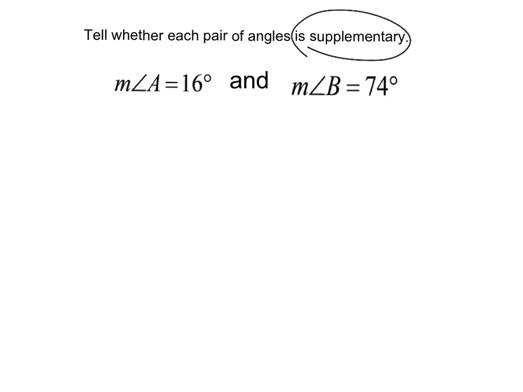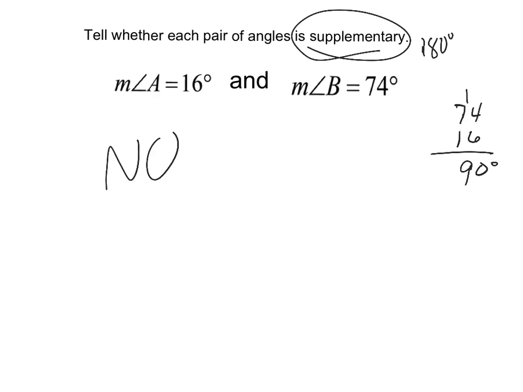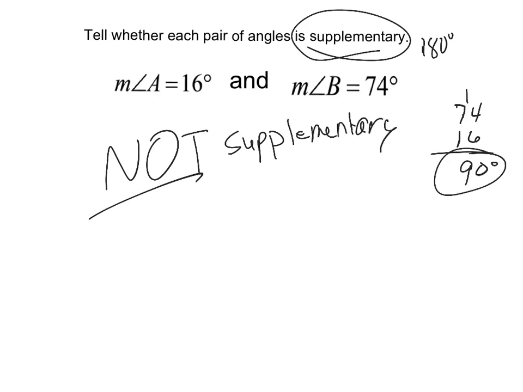All right, tell if it's supplementary. So it means it adds up to 180 degrees. All right, you try it. No, not supplementary. They are actually, what do we call it because it adds up to 90? They are actually complementary.